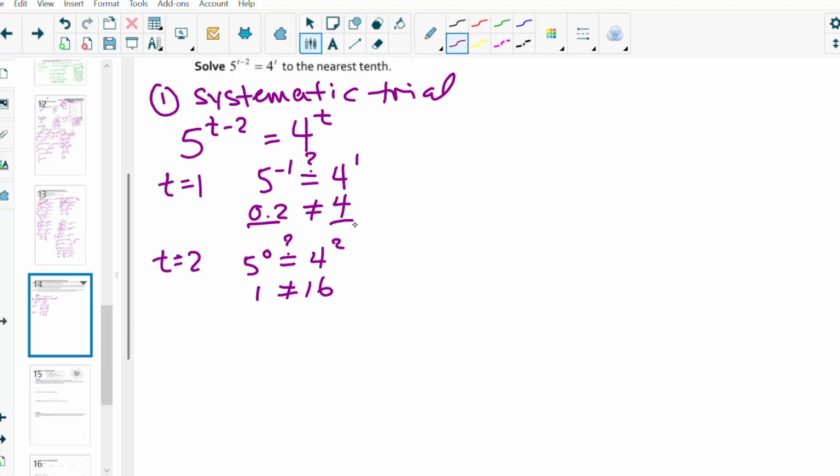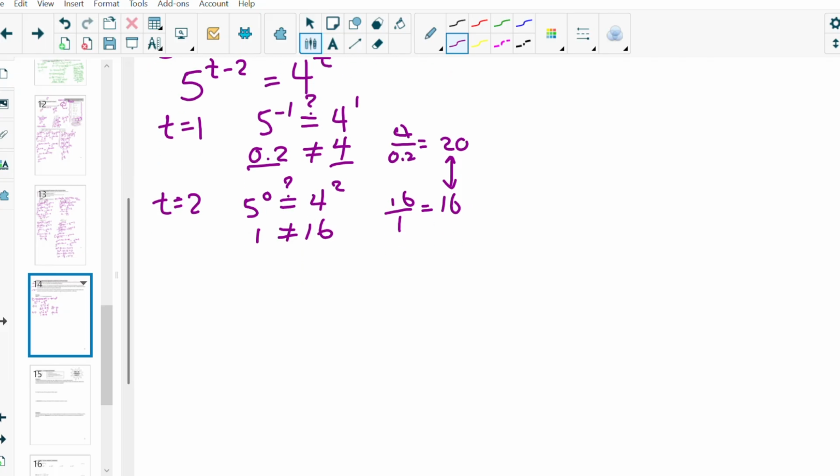I have 0.2 and 4, and I have 1 and 16. If you do 4 divided by 0.2, I get 20. If I do 16 divided by 1, I get 16. The ratios are getting smaller. This tells me that we're getting closer to our approximation of the answer.